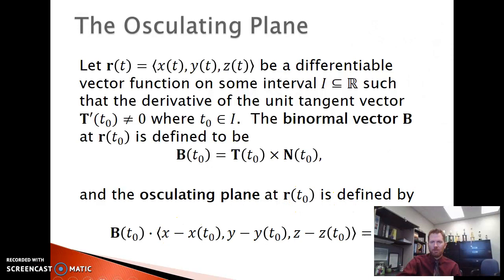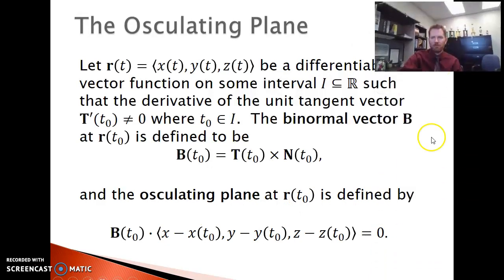Let me move the picture up here temporarily. Now, what is this? This is the dot product form of the plane, right? If we dot the normal vector with a vector in the plane, it must equal 0 because the angle between those two vectors is going to be 90 degrees or pi over 2 radians. So this is the designation of any vector in the plane.